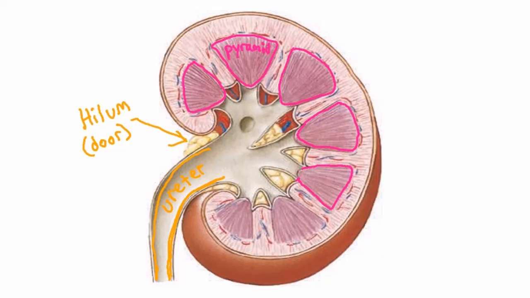Then the urine gets made in the pyramid, and it empties out into these little tubes at the bottom of each pyramid. These little tubes at the bottom of each pyramid are called the minor calyx, or minor calyces.